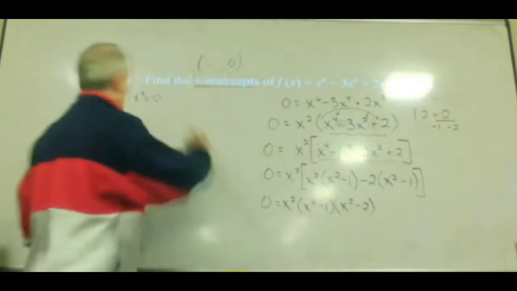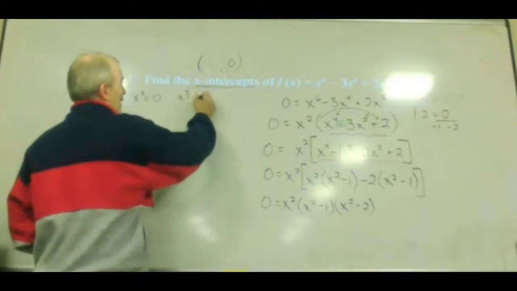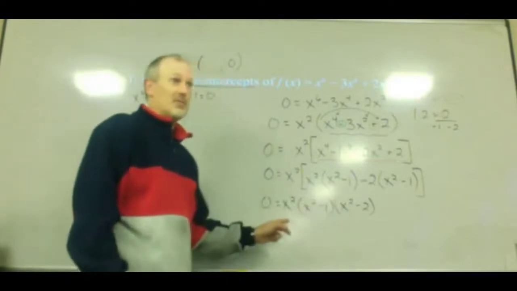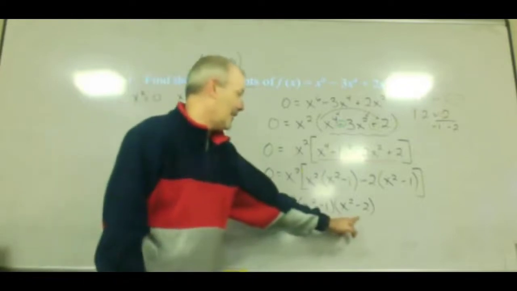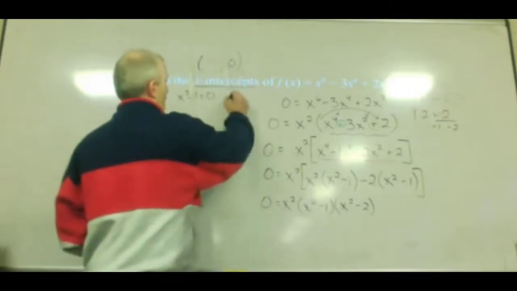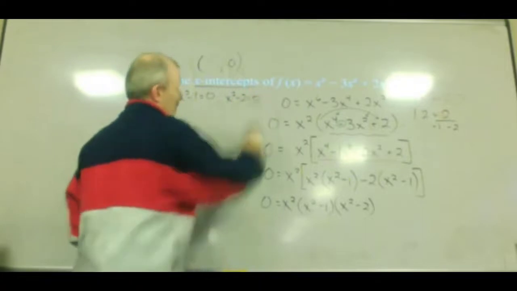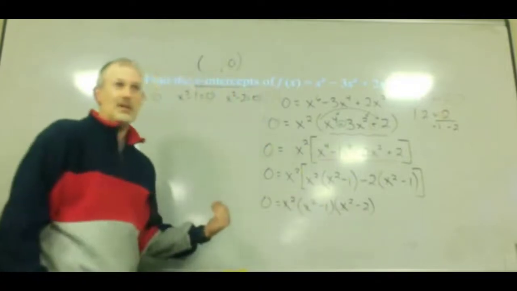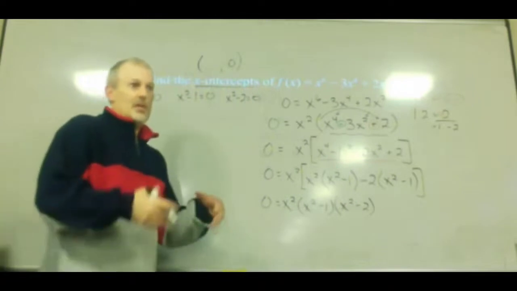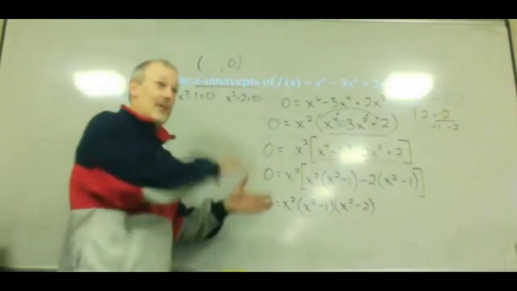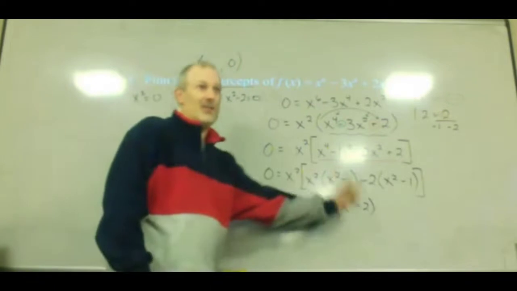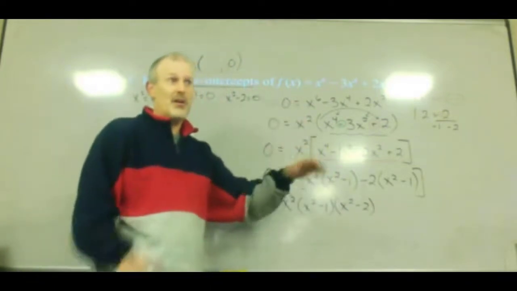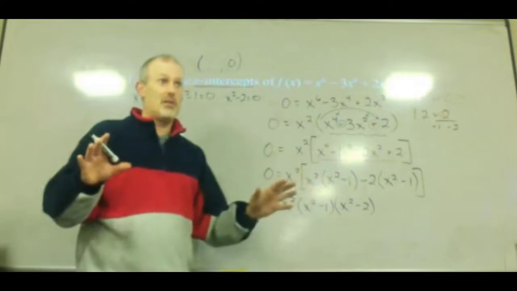If x squared minus 1 equals 0, that middle term will be 0, and multiplying, that'll make that true. And if x squared minus 2 equals 0, then this term would be a 0, and it doesn't matter what these are, it will multiply to be 0. So the rule that we use is, for that reason, we just take each factor and set it equal to 0, because if any one of them is a 0, the whole thing becomes 0.